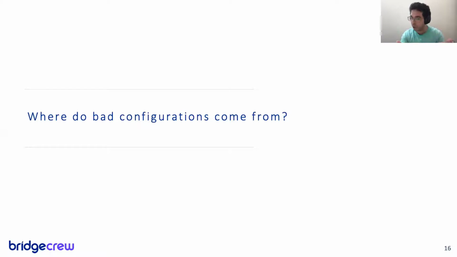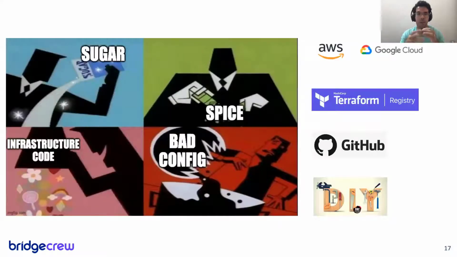So where do those bad configurations come from? You can take them by copy pasting from Stack Overflow posts, from AWS, Google Cloud, and Azure blog posts. You can copy them from the Terraform registry, where really everybody can contribute. You can copy them from an external GitHub account, or from internal in your own company.